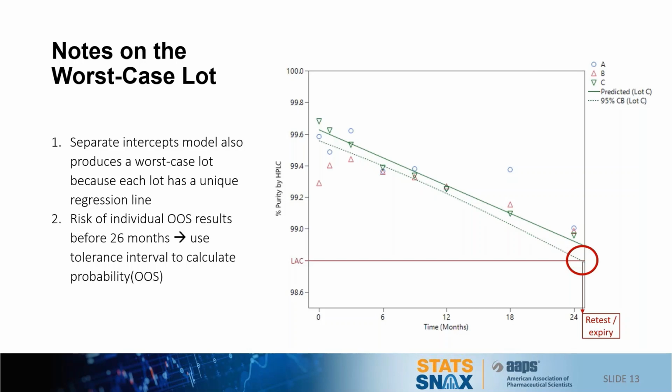Also, this analysis uses the predicted mean for lot C. So it is possible to observe an individual out of specification result prior to 26 months. To determine the risk of an OOS prior to expiry, a different analysis is used, calculating a tolerance interval, which will be covered in a different stats snack.